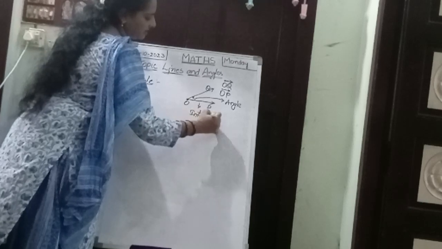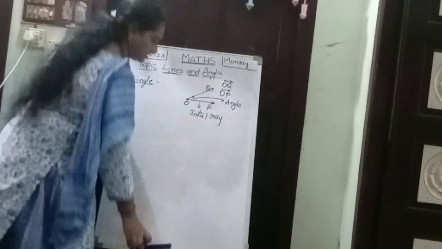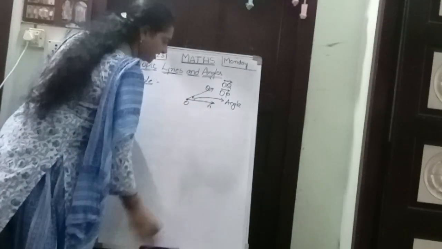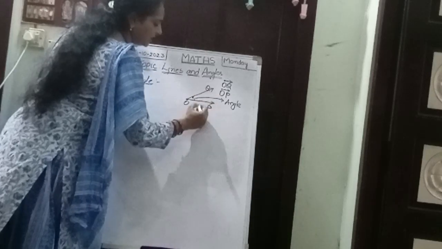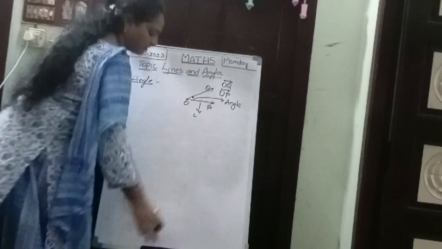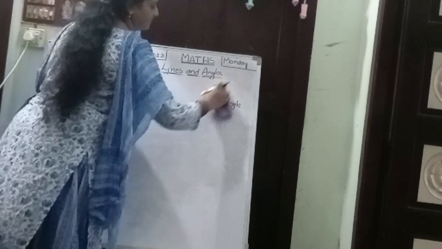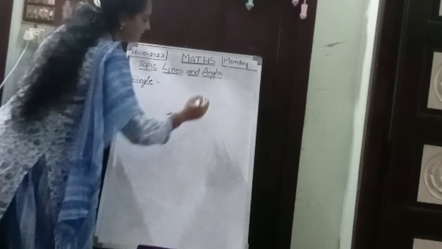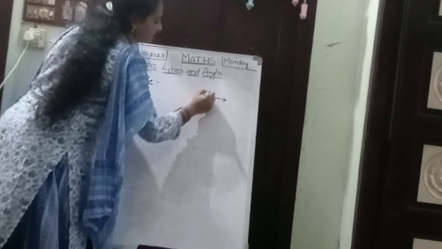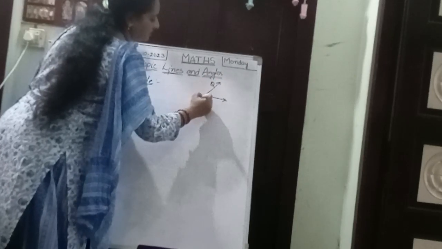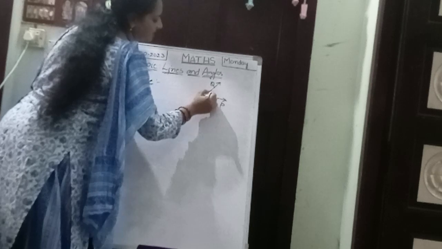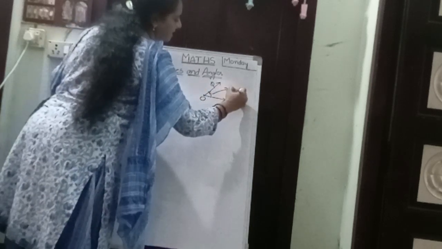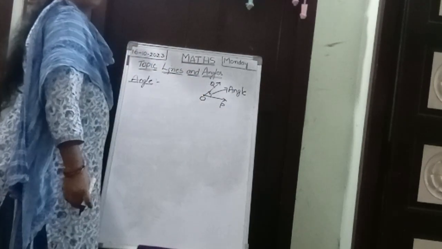This is called the initial ray and this is the common vertex. These are two rays, OP and OQ, and the space that appears here is called an angle.